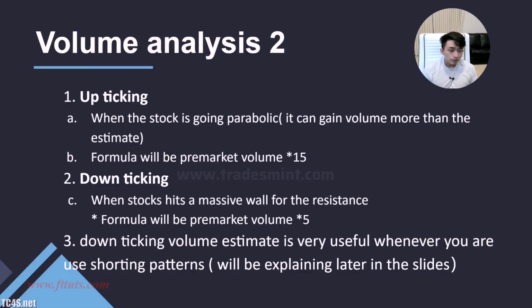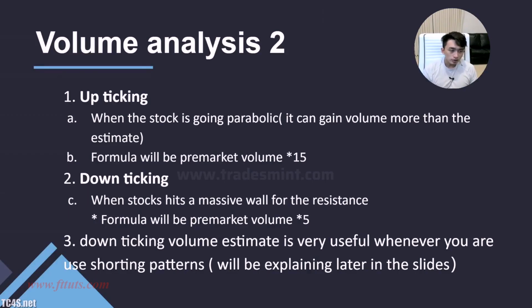So it's very important that you look at the long-term chart, especially whenever you are trading any type of pattern. And if you see a large wall of resistance, then you want to change the formula to pre-market volume times 5 after morning rejection. Same thing goes for when the stock is going parabolic.